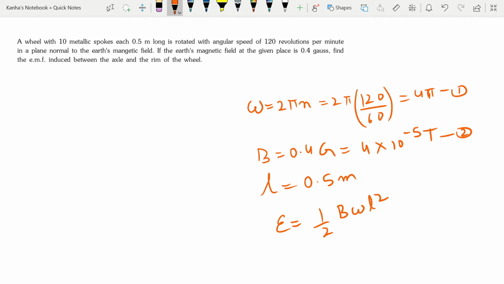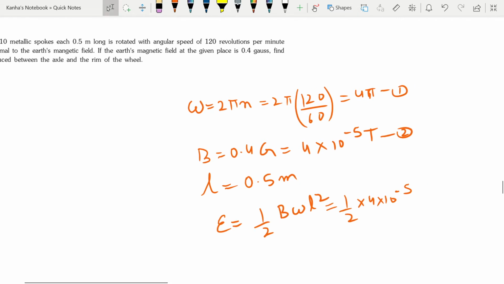Now I can easily substitute the values that have been given to me in the question. So I get half into 4 into 10 to the power minus 5 into 4 pi into 0.5 whole square.